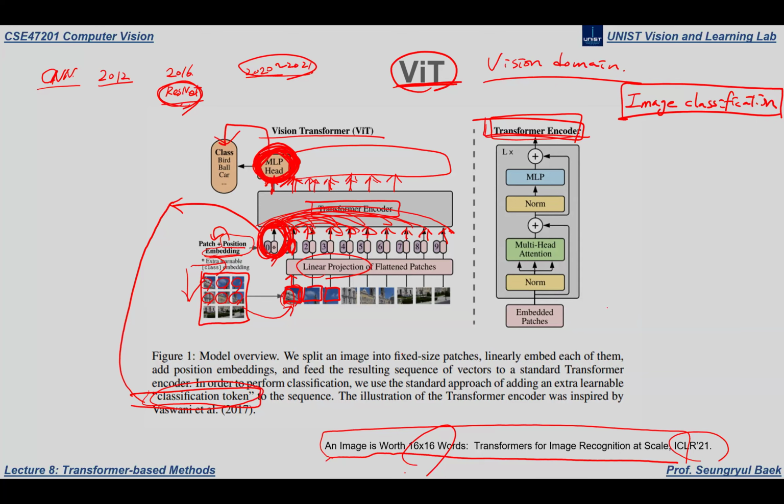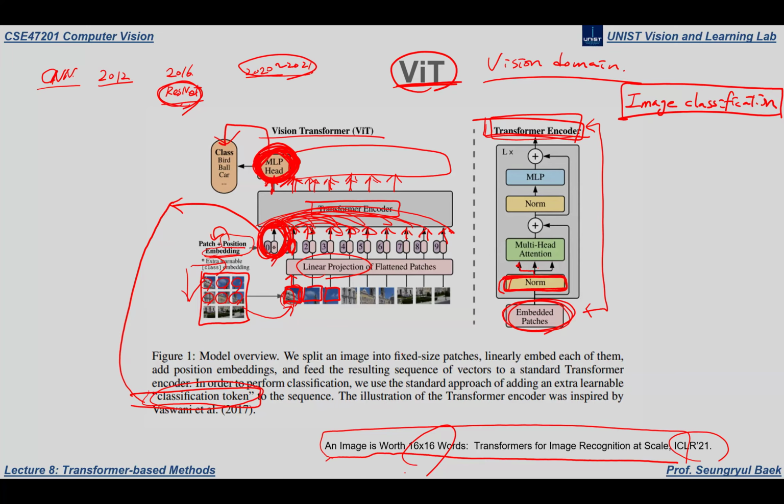So this is another figure that is visualizing this. This is the embedded patches, and we apply some normalization. This operation is also a differentiable operation.